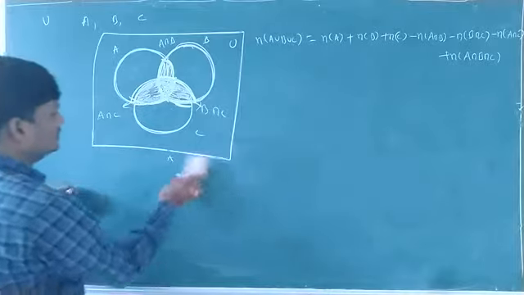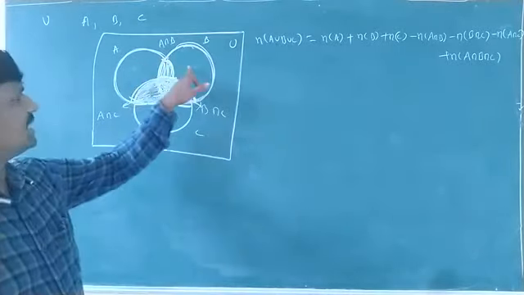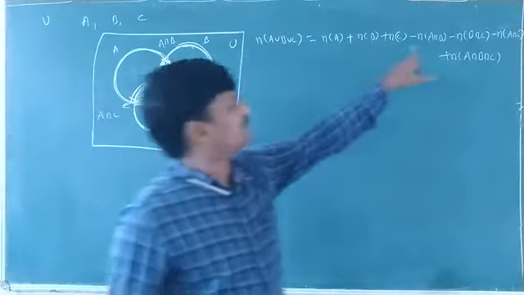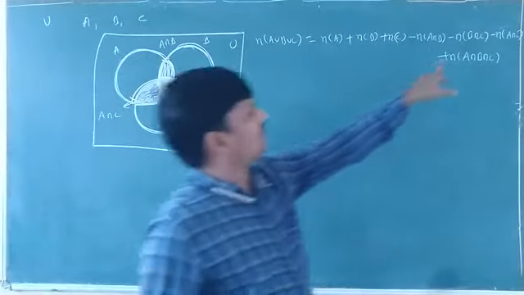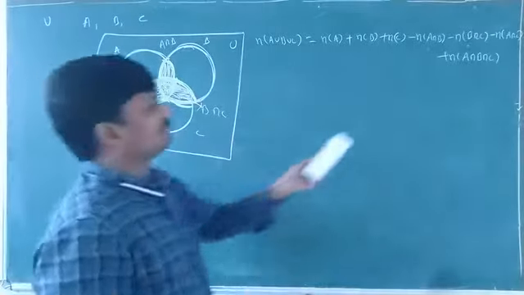So that is why, when you are adding number of A plus number of B plus number of C, this part is counted 2 times, so I subtracted 1 time. This part also came 2 times, I subtracted 1 time. This intersection also came 2 times, I subtracted once.